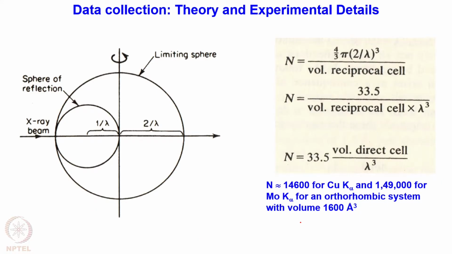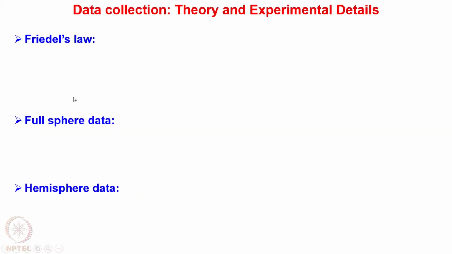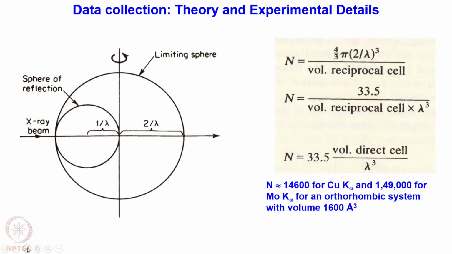So now let us try to understand the theory and experimental details behind this data collection methodology. When we say that we would like to collect crystal data, that means we are trying to collect the diffracted intensity out of all the reciprocal lattice points which are falling within this limiting sphere.